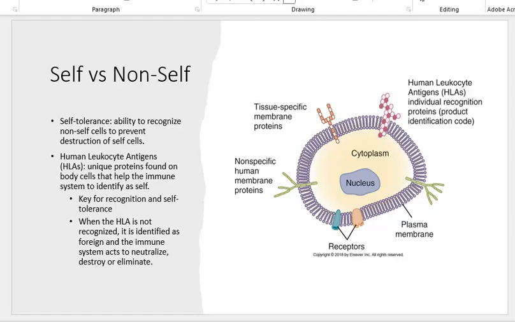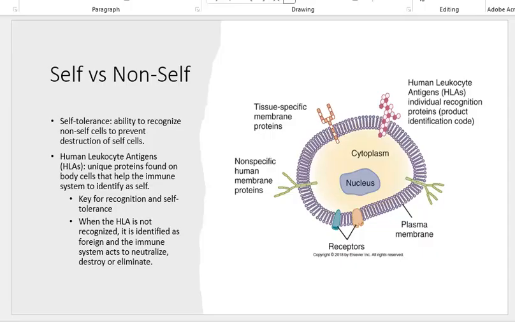So like I said, the actual definition of HLAs are molecules found on the surface of most cells in the body. They form part of a person's tissue type and play a central role in immune recognition. The HLA system is encoded by a cluster of genes on chromosome 6.